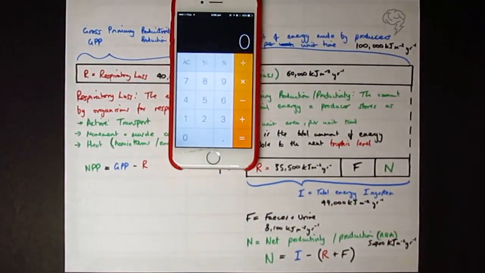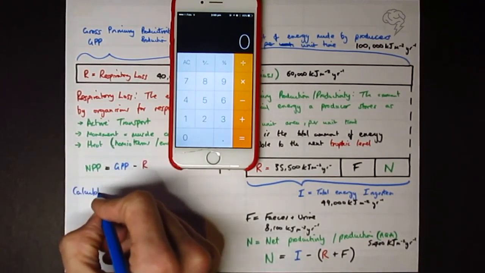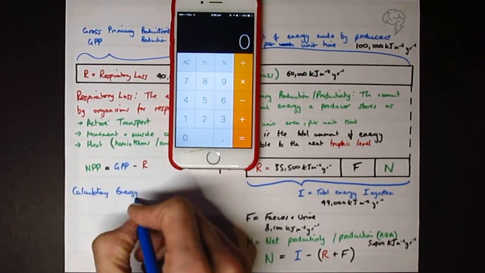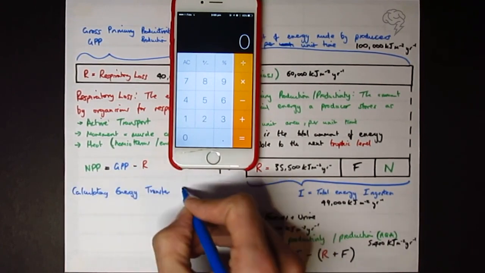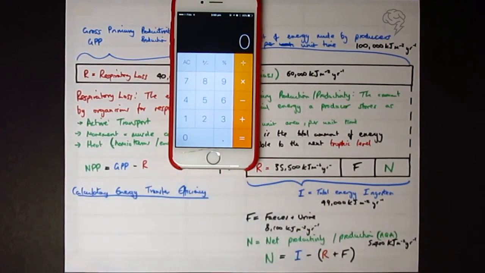So, okay, let's look at this. We want to know, we're going to take the net production. Let's put a little subtitle. This is calculating the energy efficiency. And to do this, we're going to take the net production.